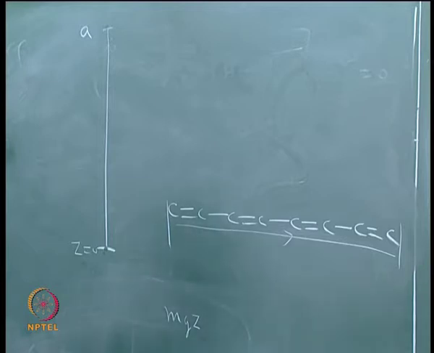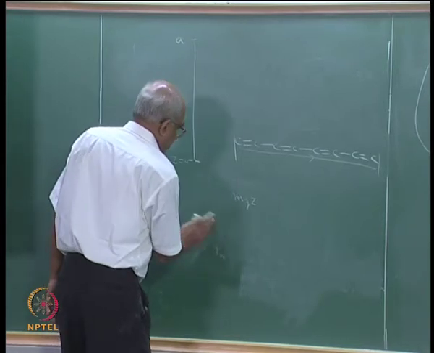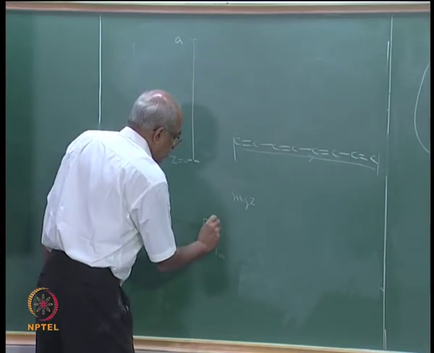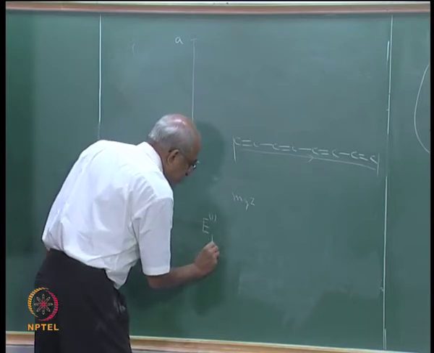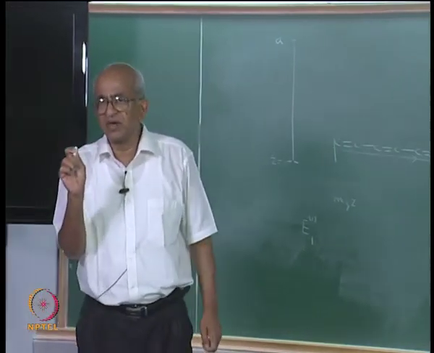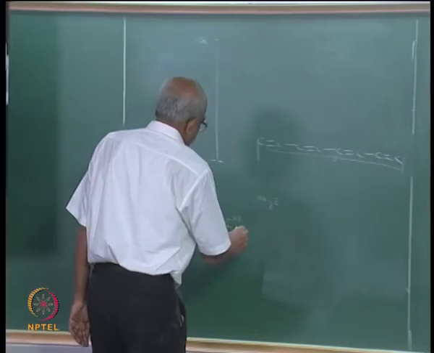So, how will you do the calculation? The calculation is extremely simple. I will calculate the first order correction to the energy. Now, I should remember that for a particle in a one dimensional box, n equal to 0 is not there, n equal to 1 is the ground state. So, I will put a subscript 1. And what will be the wave function?